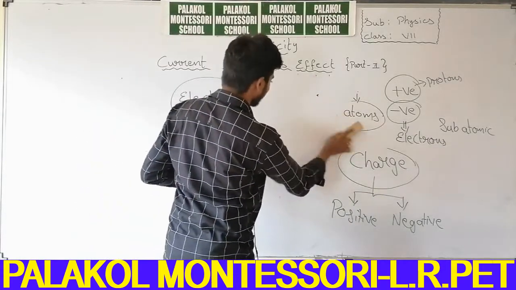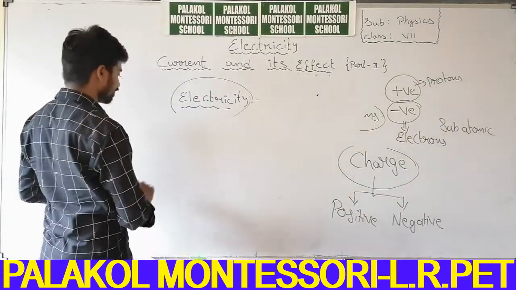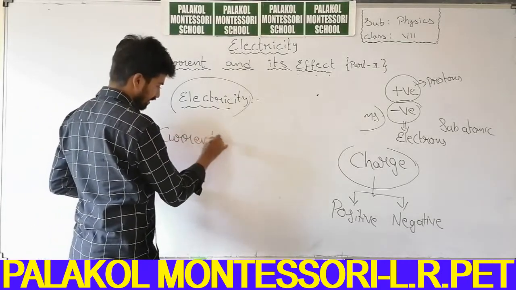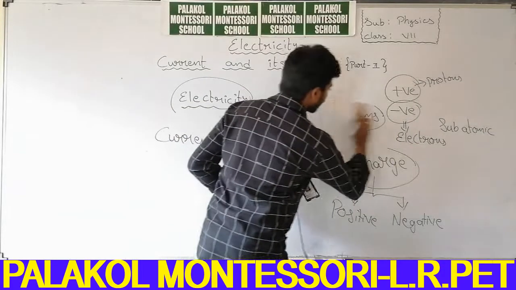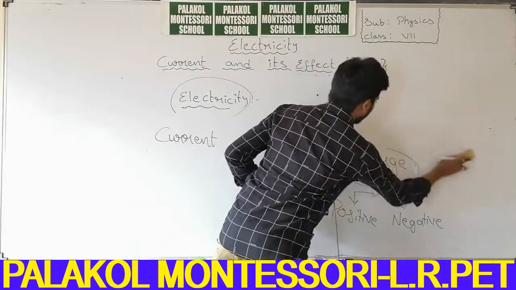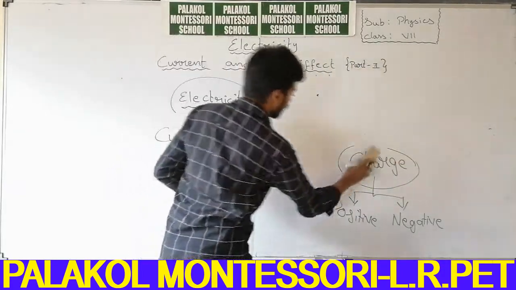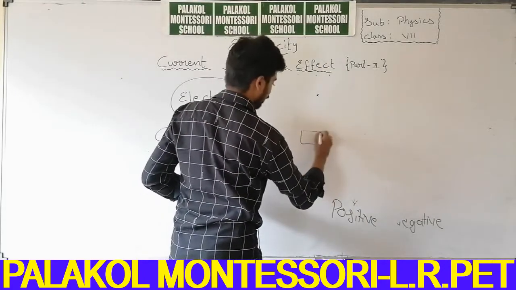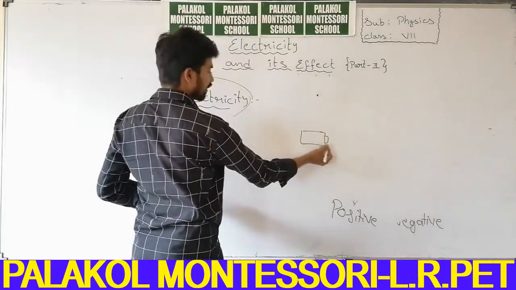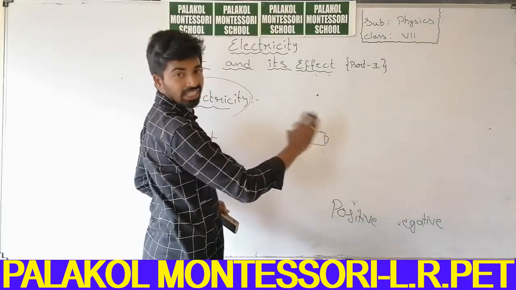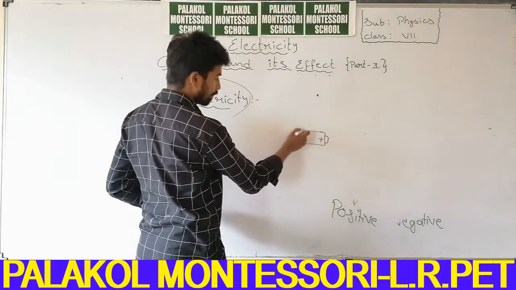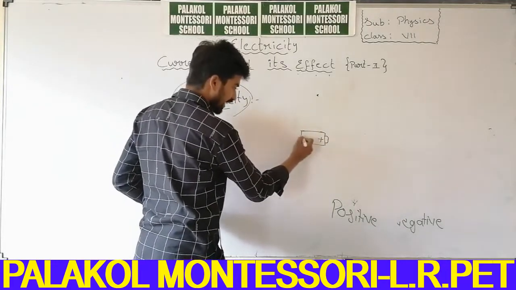So let us learn about another term, current. Let us consider a battery. The battery which has a bump at one end is positive, and the plain side is negatively charged.